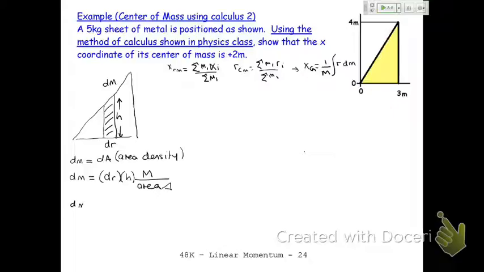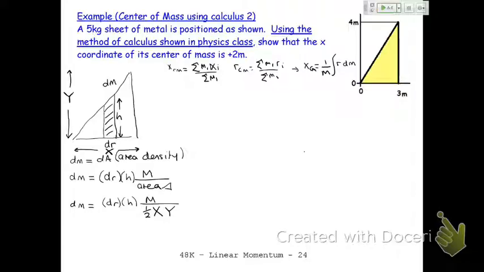So I say, well, my dm is equal to, let's do that bit first, dr, I'm still going to deal with h, and I'm still going to have mass. And then what's the area of a triangle? One half base times height. So let's call this base big X, and let's call this height big Y. So this is going to be a half big X times big Y. Okay?